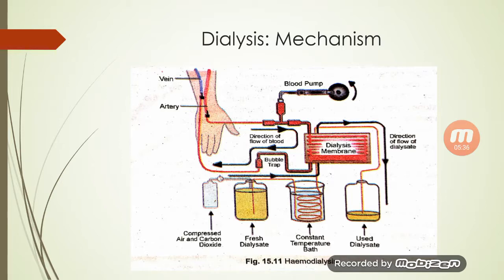So here, what's going to happen? A vein is connected to one end of the dialyzer and the artery is connected to the other end.